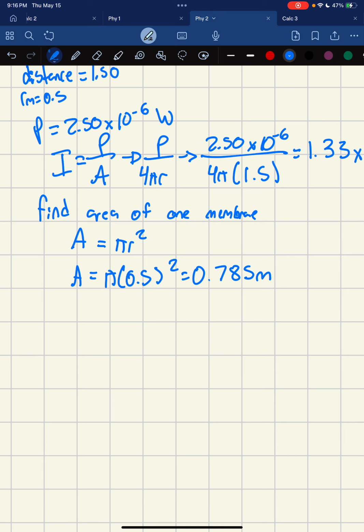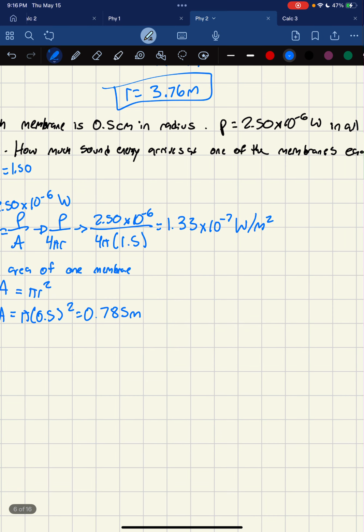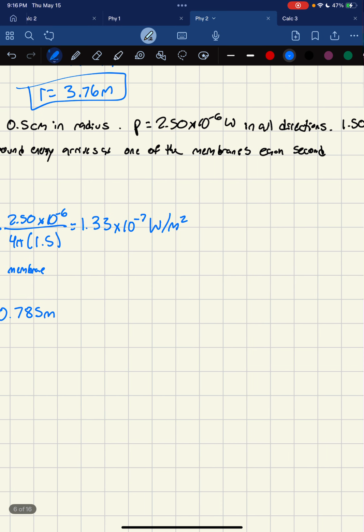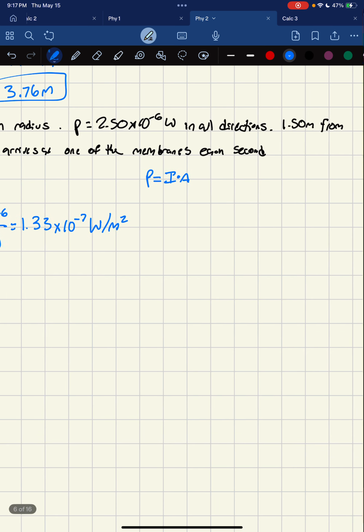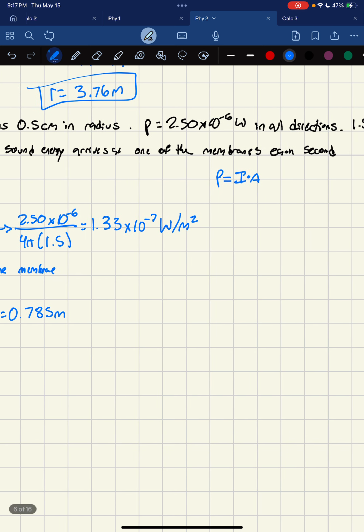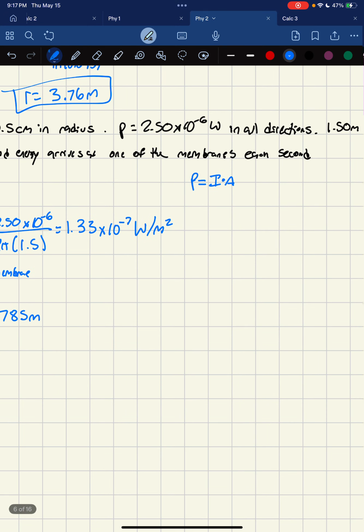Okay. Now after that, I'm going to plug it into my power equation to find the sound energy.